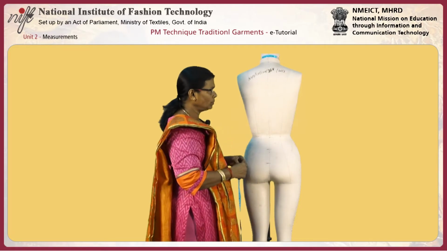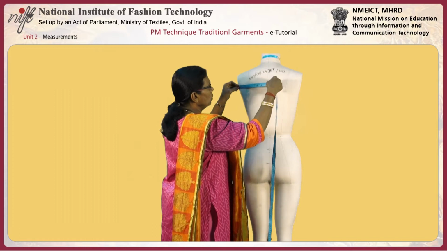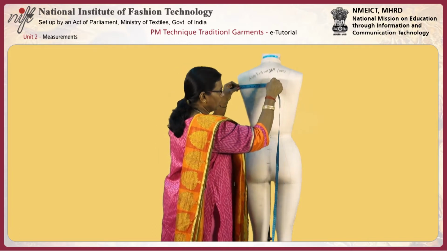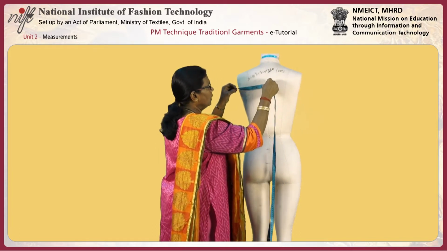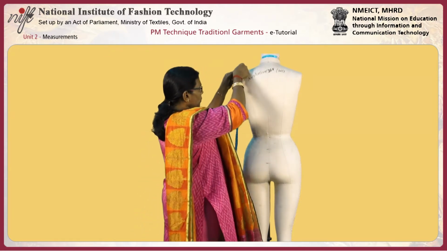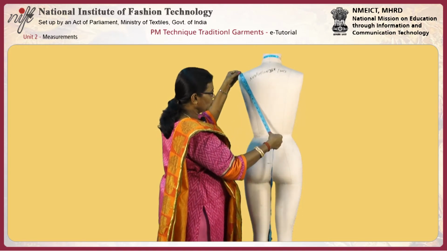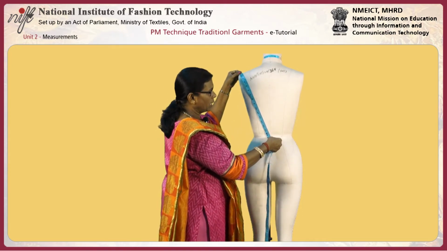Then across back, it's from mid armhole to the center back. Then shoulder slope. The back shoulder slope starts from low point shoulder to the center back.